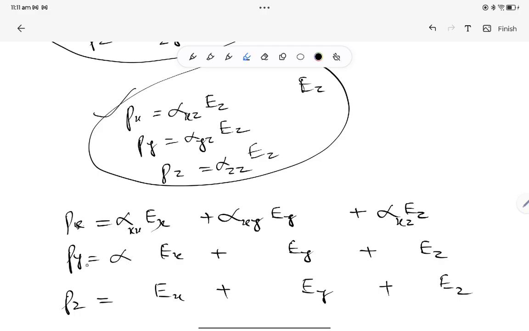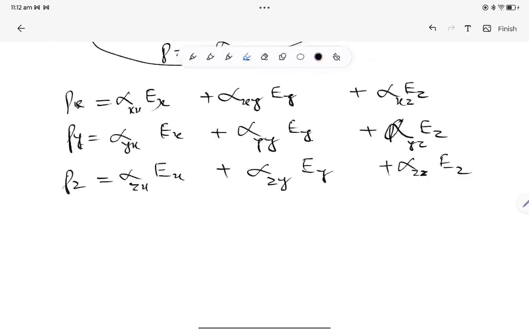Alpha here, yx, alpha yy, this y, alpha yz. Then you have here alpha zx, alpha zy, alpha zz. Now these set of equations can be written in matrix form.